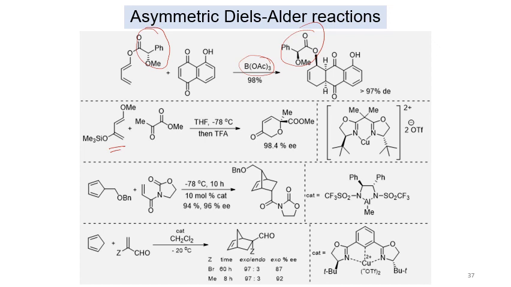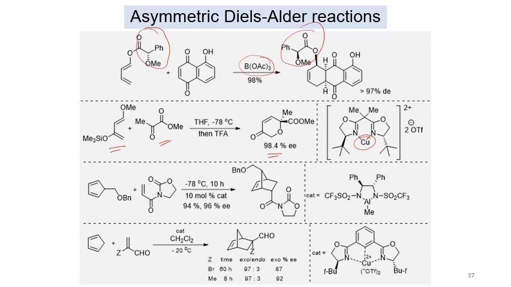This Danishefsky diene reacts in a hetero-Diels Alder reaction with this particular compound, thereby giving you a beta pyrone kind of system in very high enantioselectivity. This is catalyzed by a BOX ligand. This is called a bis-oxazoline ligand, which is a chiral catalyst with copper chelated in between.